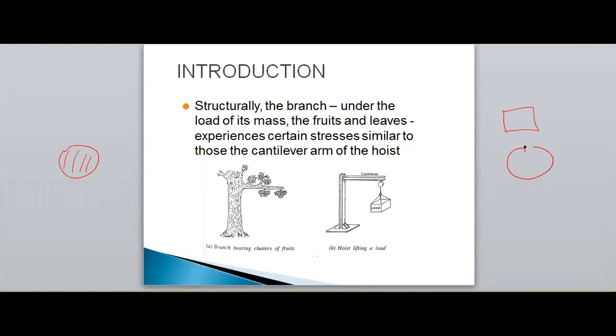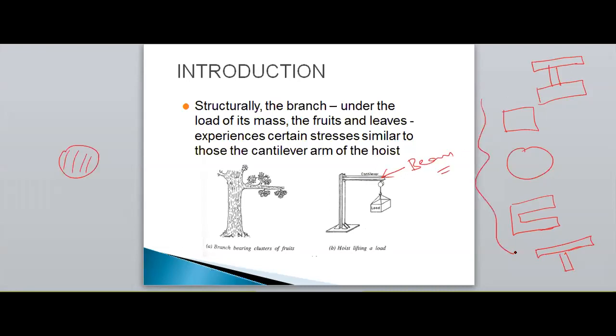A beam cross section may be rectangular, circular, a C cross section, or an I cross section, or a T cross section. So a beam may have this type of cross sections.